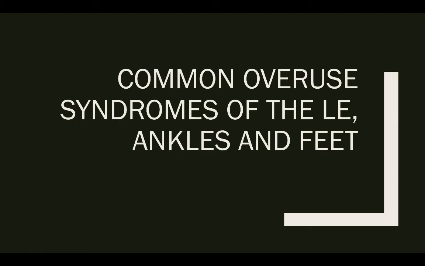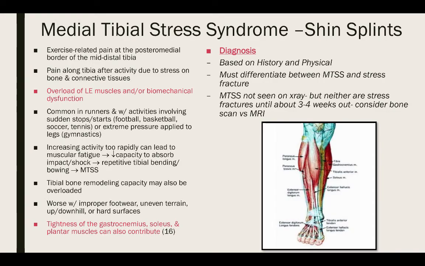So, common overuse syndromes of the lower extremity, ankles, and feet. Medial tibial stress syndrome, or shin splints. This is usually pain along the tibia due to stress on the bone and the connective tissue. This is usually overload of the lower extremity muscles and/or due to biomechanical dysfunction. Happens with runners or any type of sports players that do sudden stops and have a lot of pressure applied to their legs.